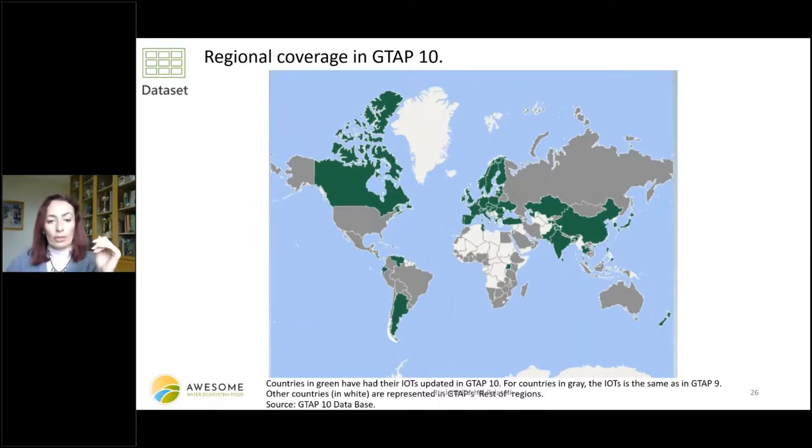Gray and green countries are represented specifically in the GTAP database. White regions mean there is no separate data for those countries, and they appear only within the aggregated bundle with other countries of the region. So even though the data is available for most of the world in GTAP, the data for most of the countries of North Africa is available only on the aggregated level. So all those countries together, not separately.